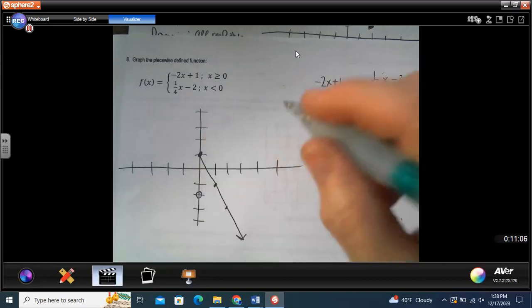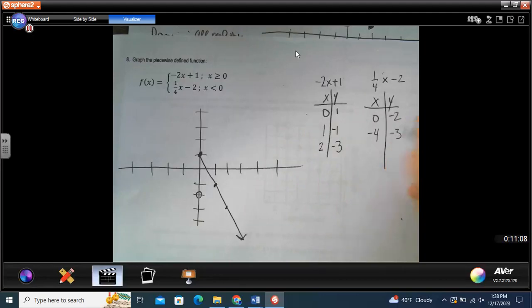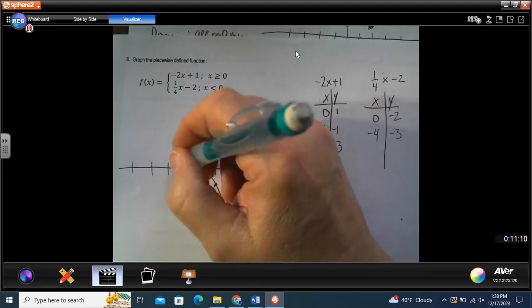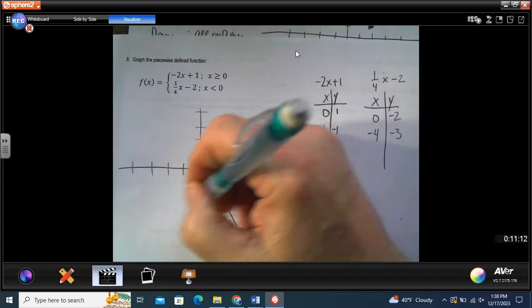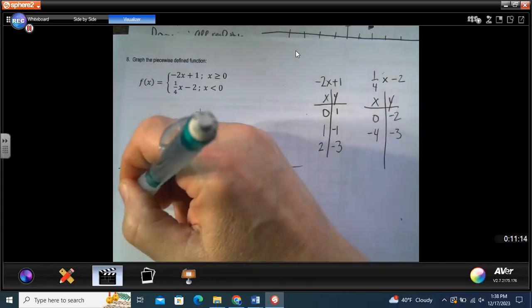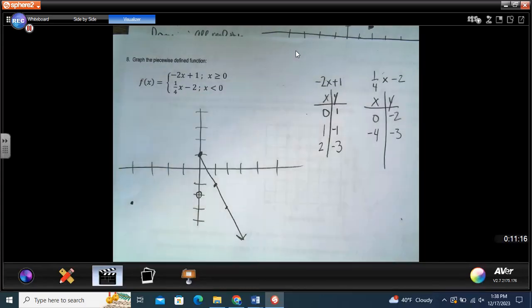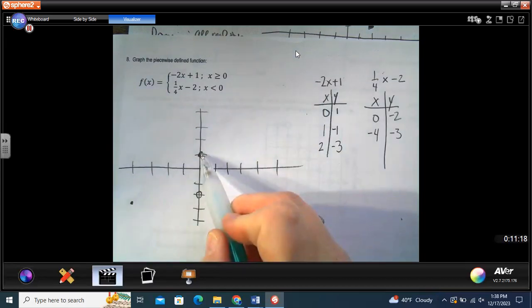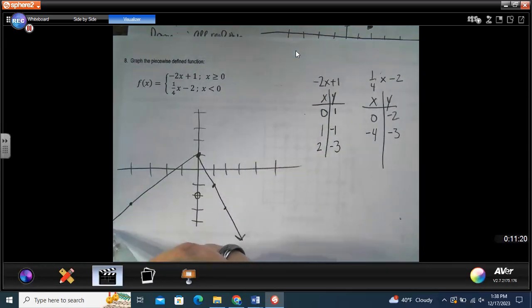So -4, and then 1, 2, 3, 4, and then -3. Right there somewhere. And I'm not going to graph another point. But anyway, and there's that, right, the left side of that graph.